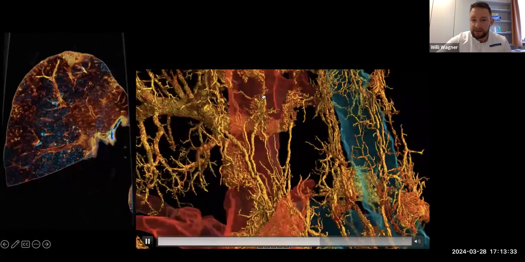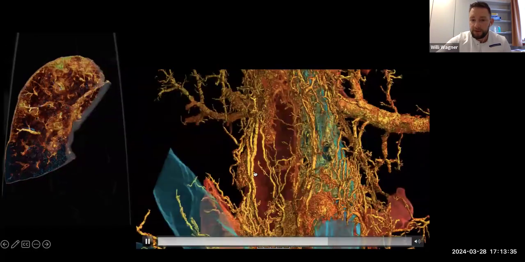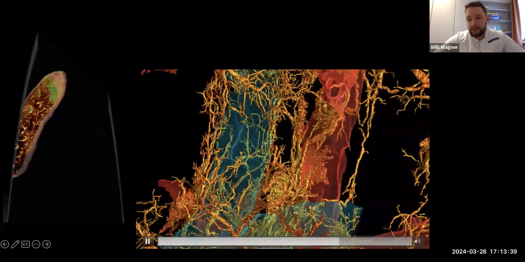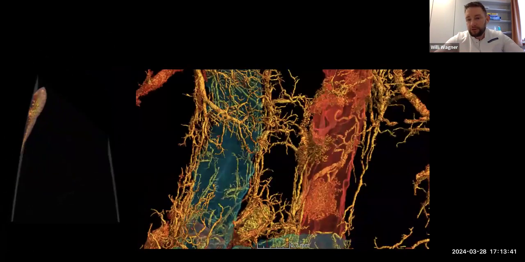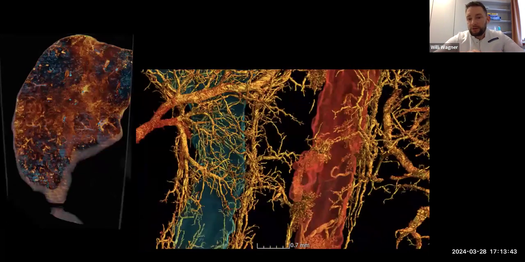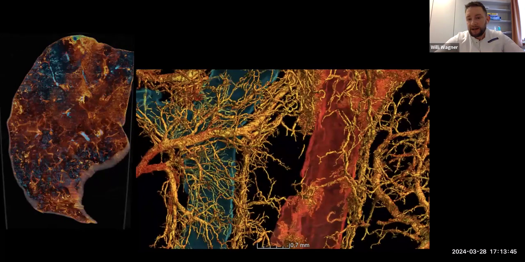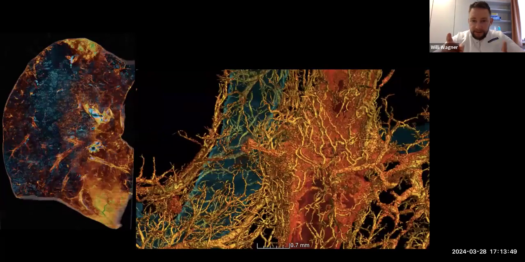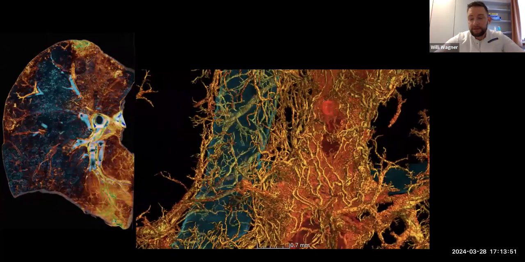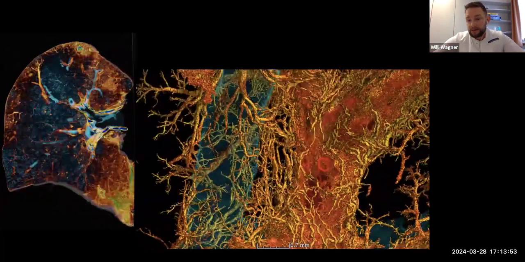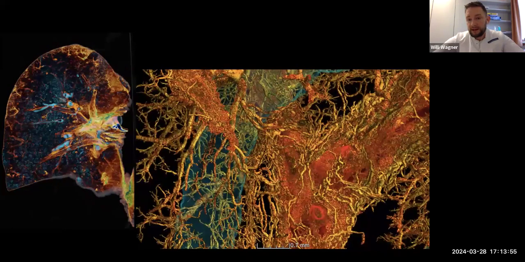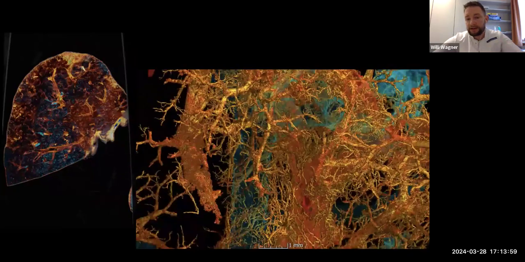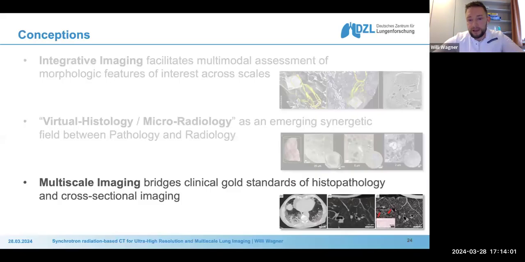It's those guys here, these proliferations of small blood vessels. So your heart is pumping the blood through the lung, but not reaching the periphery where the gas exchange is happening. And again, this complex phenomenon could only be understood by using multiscale imaging, where you can really follow the tracks of these small individual blood vessels.